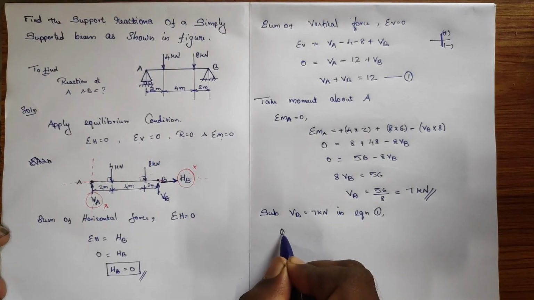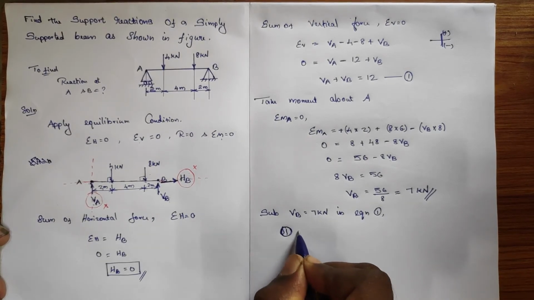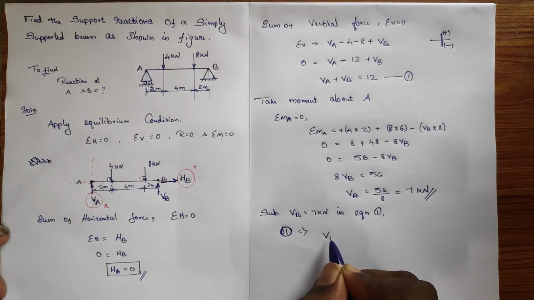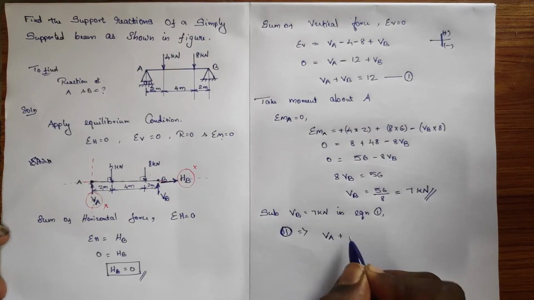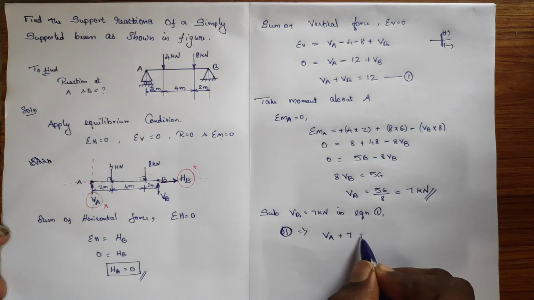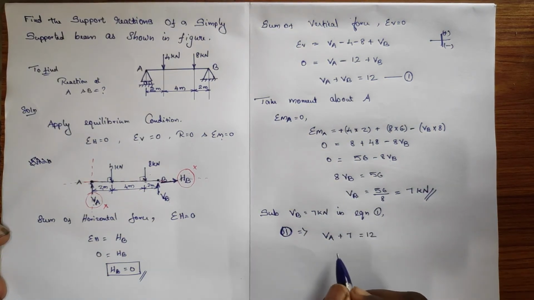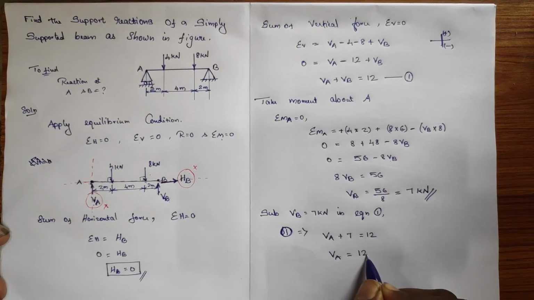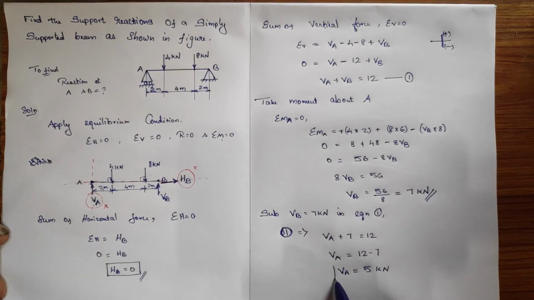So equation 1 becomes VA plus 7 kilonewton is equal to 12. So VA is equal to 12 minus 7, so that we get 5. So the answer for VA is 5 kilonewton.